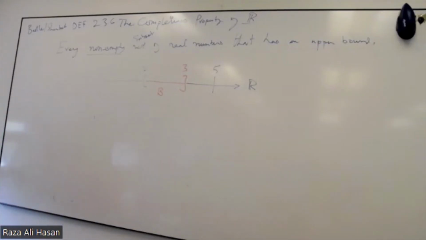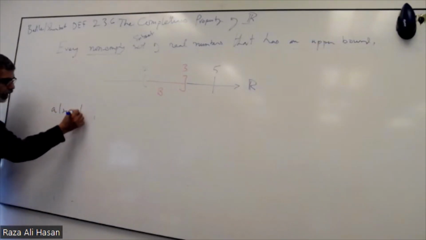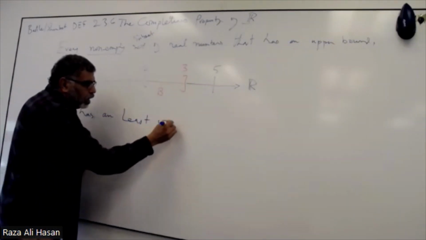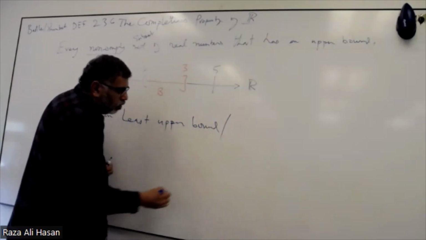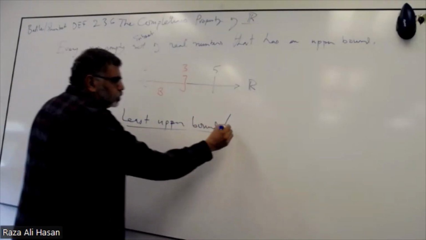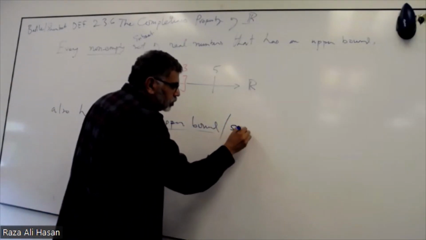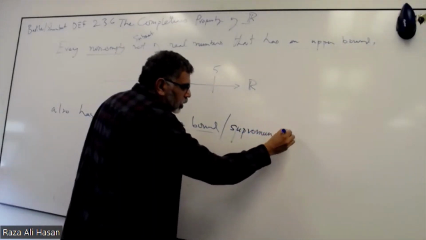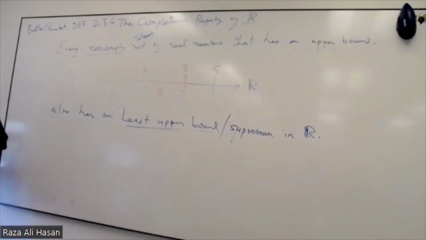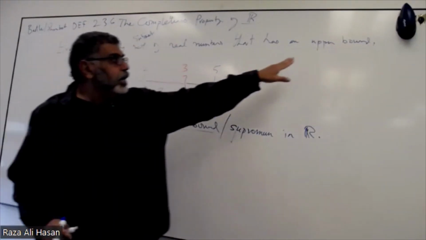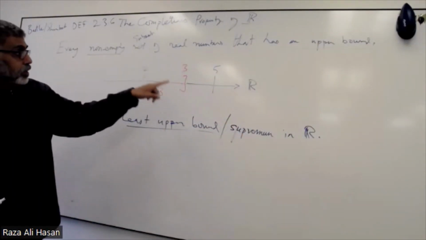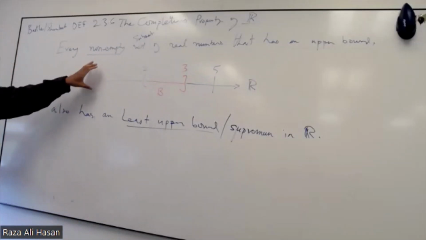And that set also has a least upper bound, or also has a supremum in R. Yeah, so if this is true and this is true, in our case we are saying, yes, there's an upper bound and there's another upper bound. So therefore, these two conditions have been met with this picture.